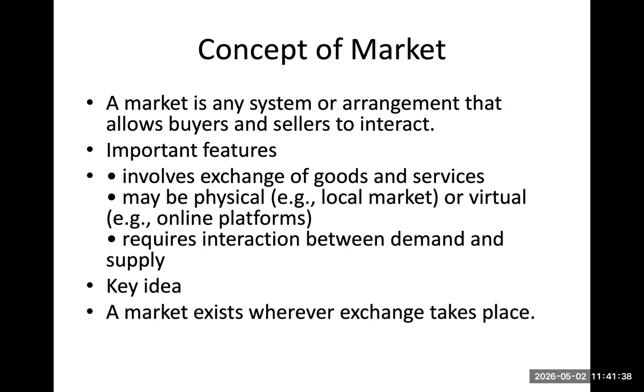Whenever there's an exchange, therefore you can say that there's what? Market. Markets also differ in structure and sizes. Some are local markets, others are global, and some are competitive, others are controlled by a few firms. But in all cases, buyers and sellers must what?